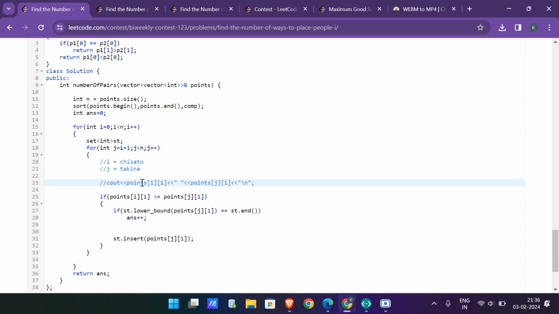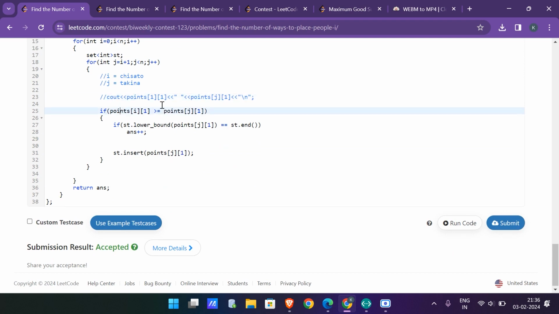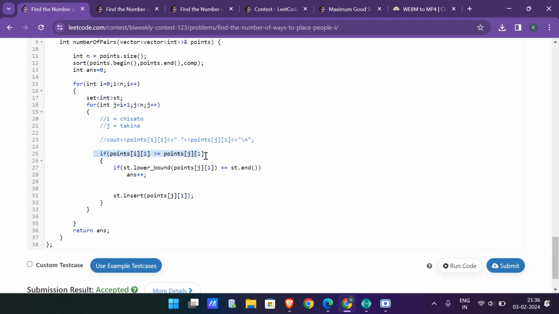Now I have to check the y coordinate: Takina's y coordinate should be lesser than or equal to Sisaster's y coordinate, which I'm checking over here. If it is, then I'm checking whether there is any coordinate that is lesser than Sisaster and greater than Takina; if so, I cannot add this pair to my answer. If not, I'll increment my answer and insert the current coordinate into the set again. But how am I checking using only one lower bound?